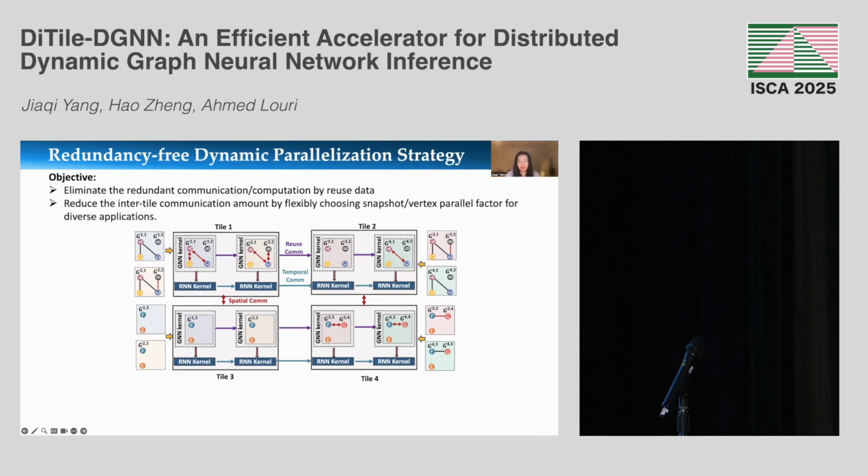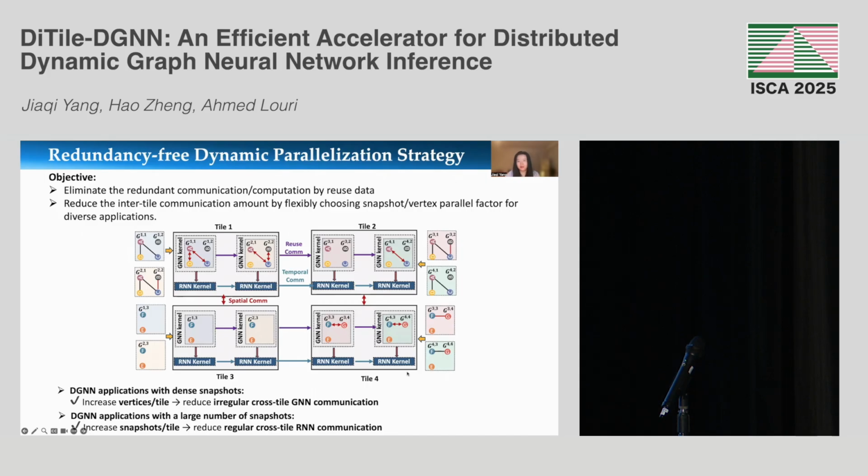Let's look at two common DGN application cases. For dense snapshots, where many vertices are interconnected, we increase the number of vertices per tile. This helps minimize irregular GN communication across tiles. For long snapshot sequence applications, where the number of time steps is large, we increase the number of snapshots per tile.